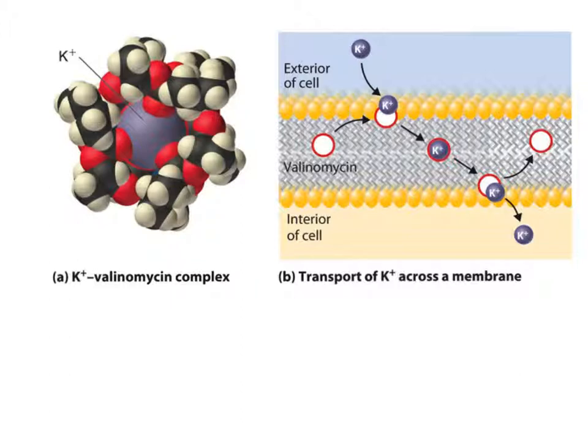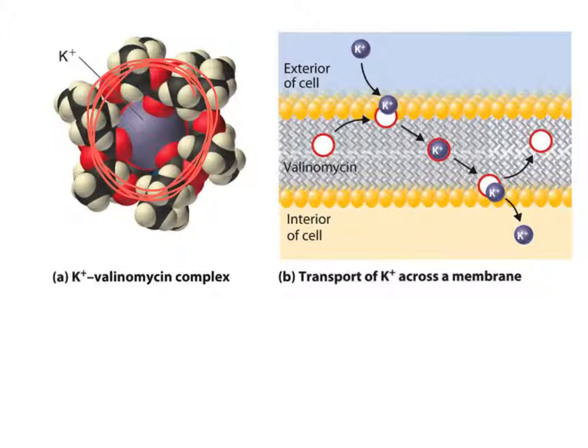Now, our ionophores are going to work very similar to the ion channels, except in this case, these are going to be really small, almost mini portable ion channels, where the ionophore is going to surround the ion. This is a potassium valinomycin.